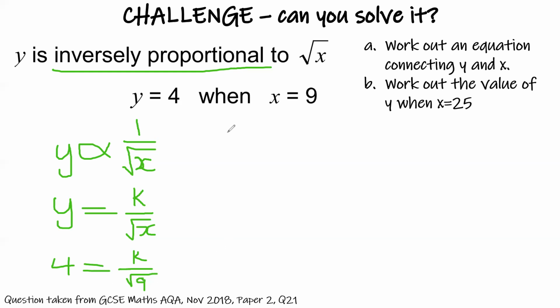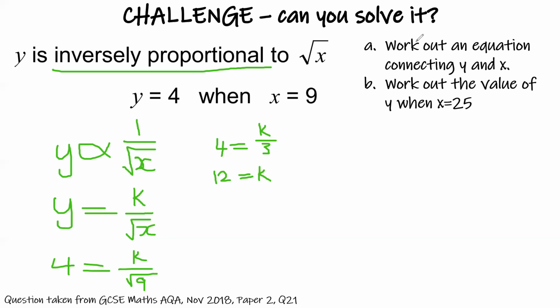So we've got 4 is equal to k divided by 3. If we now multiply both sides by 3, we end up with 12 is equal to k. Not too bad at this point. Hopefully you followed this. I think these first two steps are by far the hardest because it's remembering how to do inverse proportion, then remembering how to put k in, and then figuring out k.